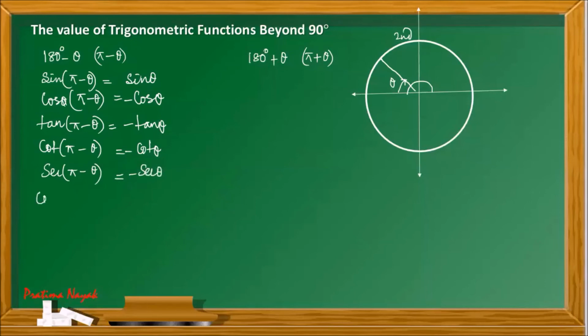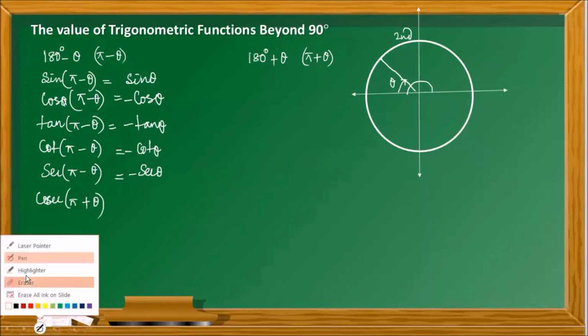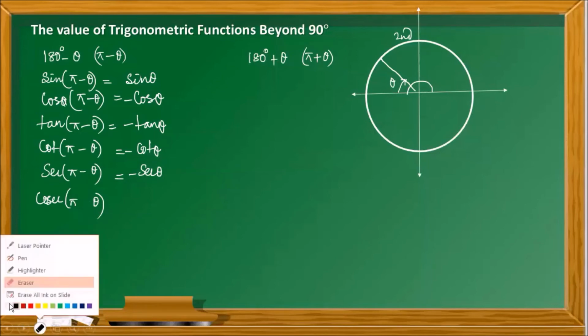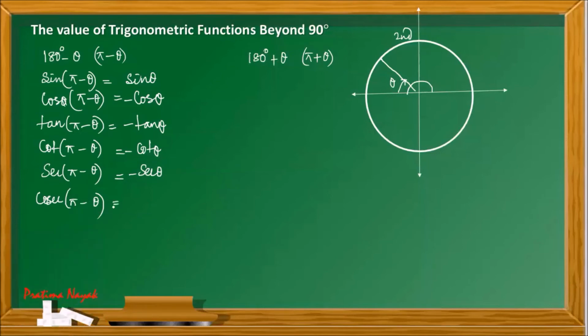But when we take cosec pi minus theta, it is equal to what? Yes, your guess is correct, it will be plus cosec theta.